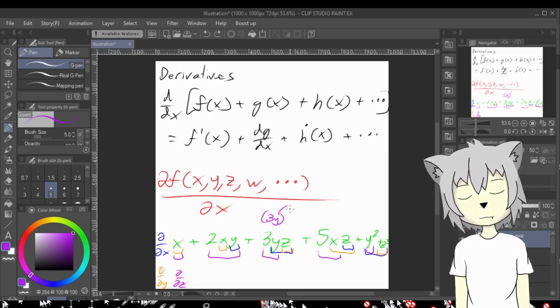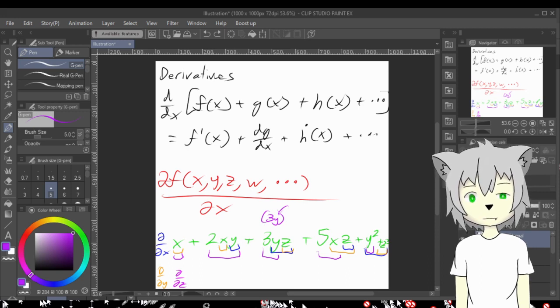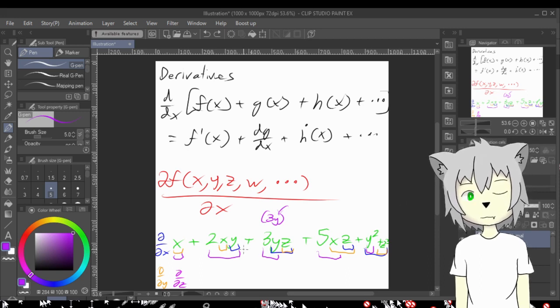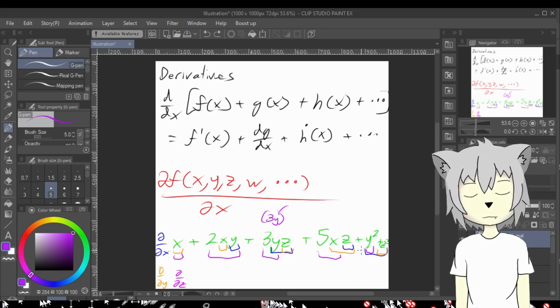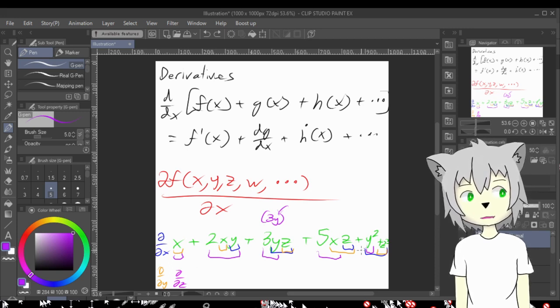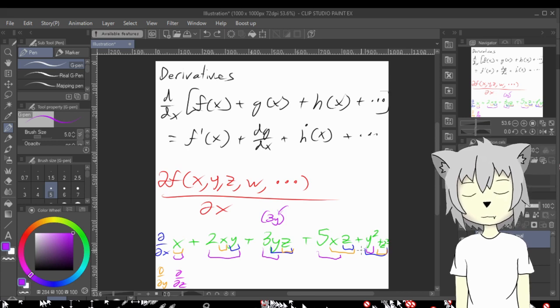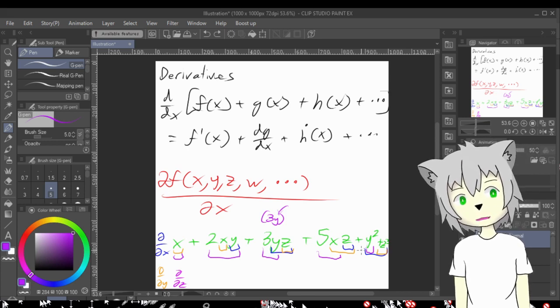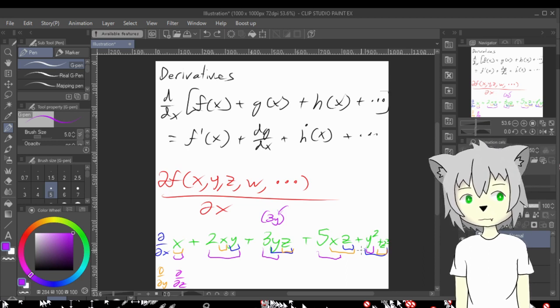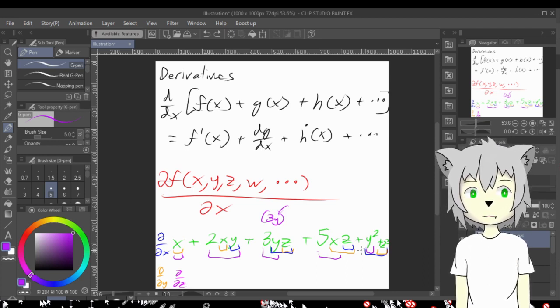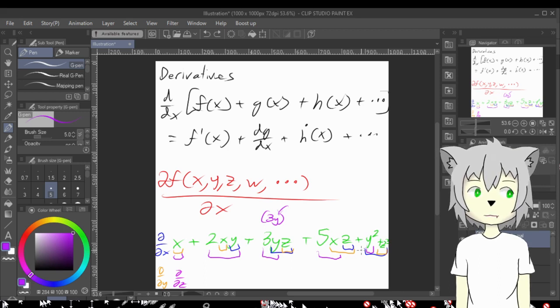And it applies to multivariables in that way because you could just evaluate them differently. I don't know how else to explain it though, but that's a little glimpse into multivariable calculus. You basically do the same thing you have been in regular calculus, but with more variables, more letters, maybe even some Greek letters later. Yay!